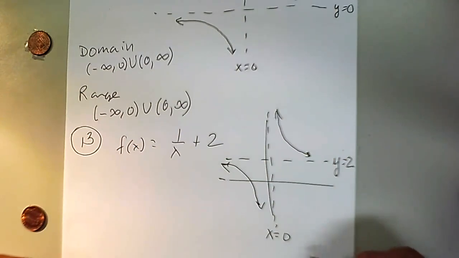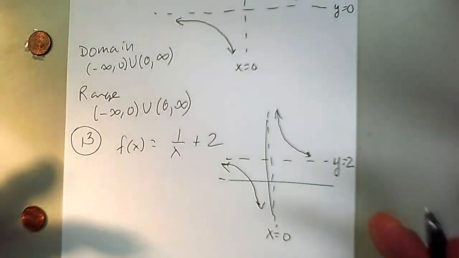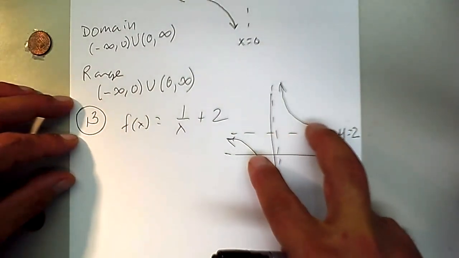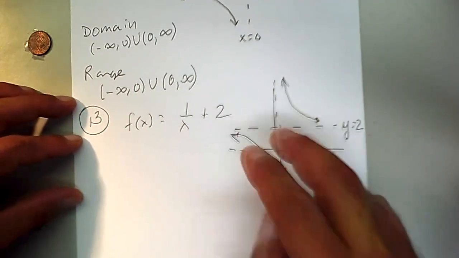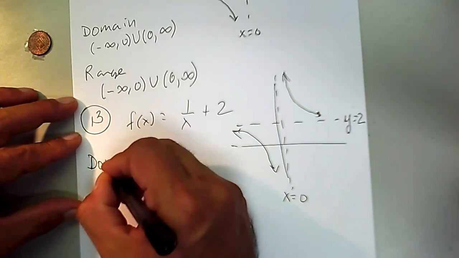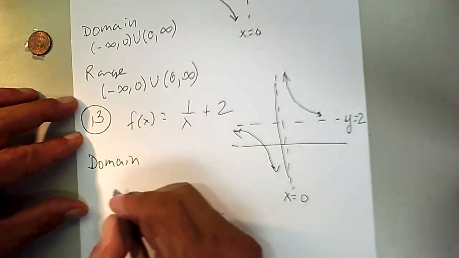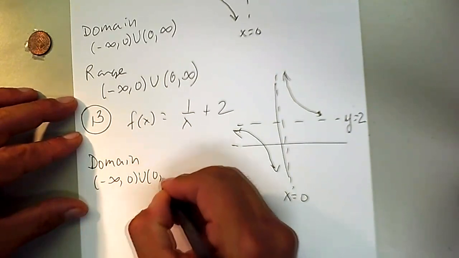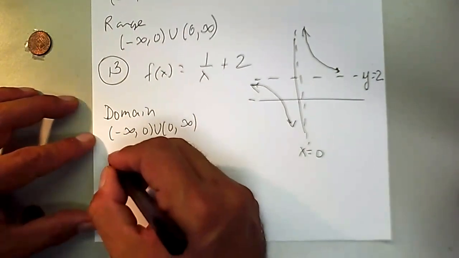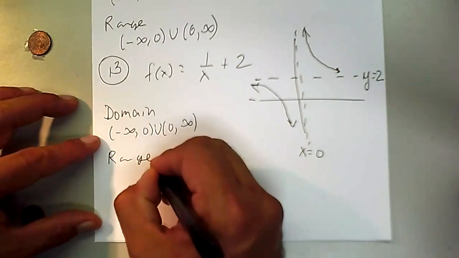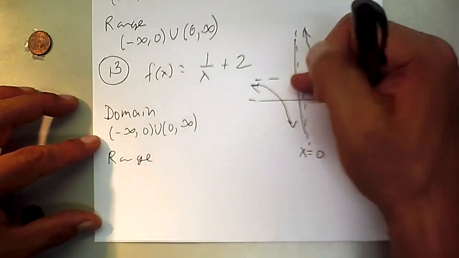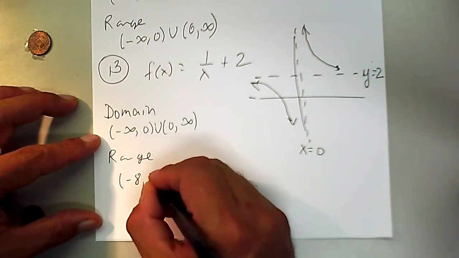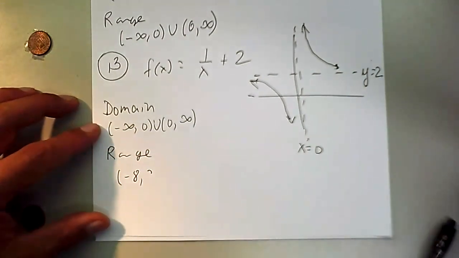Okay. So you're thinking that's fine. But then what is the domain? The domain still is from -infinity to 0, union from 0 to infinity. The range is going to go from -infinity to 2. Oops, I put -8. That's funny.